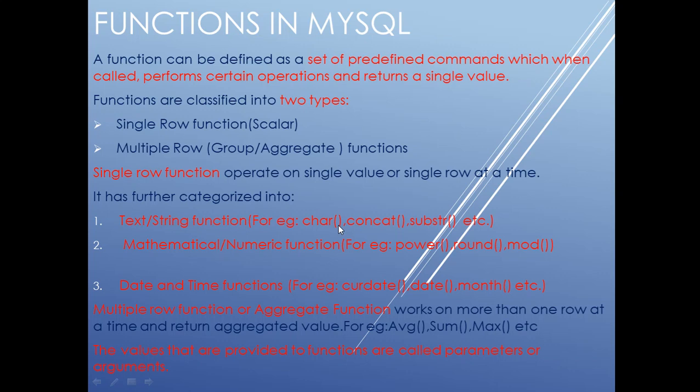Here also, the value which we provide will be known as parameters or arguments, and based upon this value that particular function will work. One by one we will see all the text or string functions.